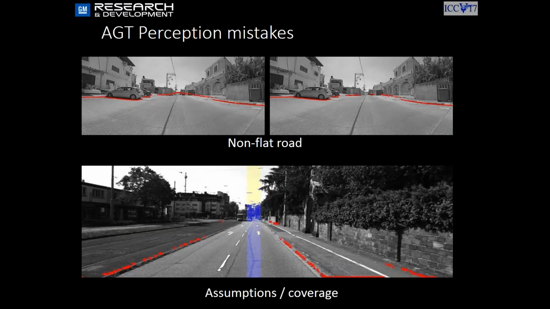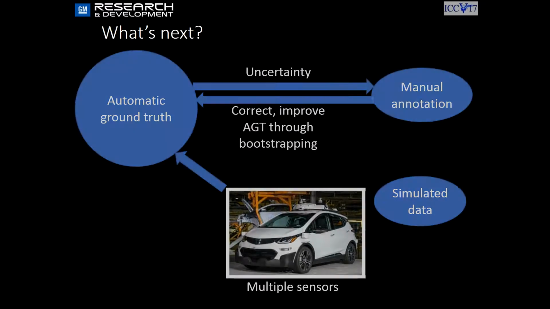Sometimes we use assumptions like a flat road, which makes the ground truth not very accurate. Sometimes there is an assumption that the road starts at the bottom, so here it is very difficult for the ground truth to distinguish between a bicycle lane and the road, which one is part of the free space, which one is not. So there are still many challenges to using automated tools for ground truth.